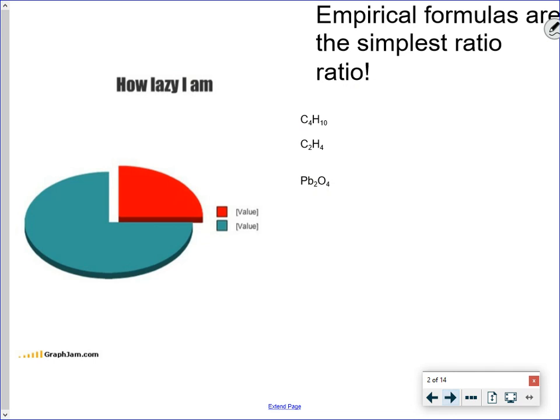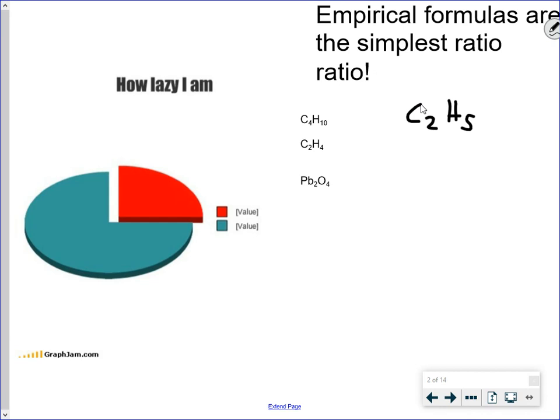First off, I'm going to explain what an empirical formula is, and you guys are going to love it. An empirical formula is the simplest ratio of any formula. So for C4H10, the simplest ratio is C2H5. That's the ratio of carbons to hydrogens in the molecule. That's not the correct formula, but it's the simplest ratio.